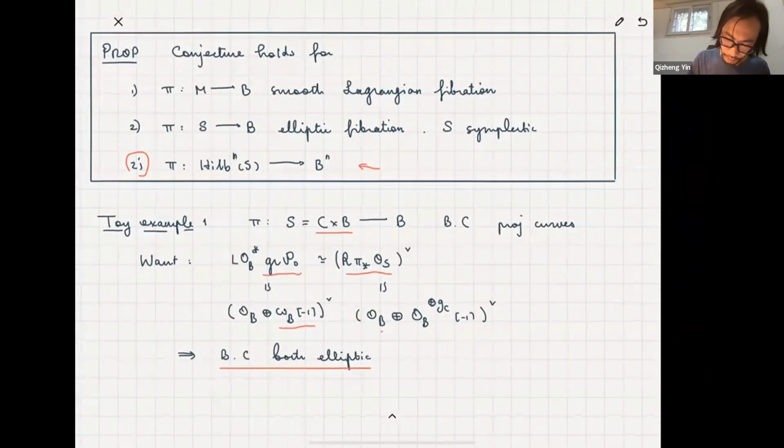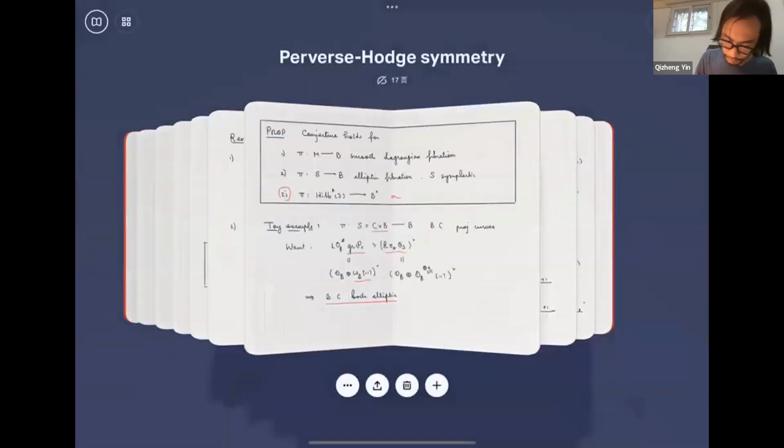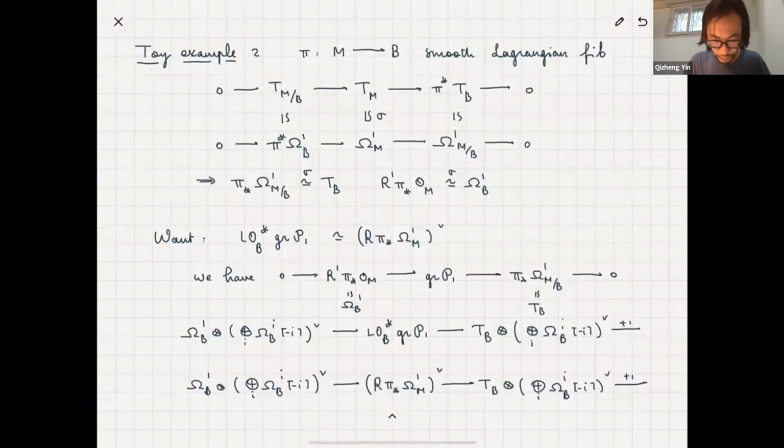Now, I'll also try to show you why this conjecture holds for smooth Lagrangian fibrations. This is doable, and you can also see why the symplectic form plays a role. So to begin with, we have the tangent sequence and the cotangent sequence.